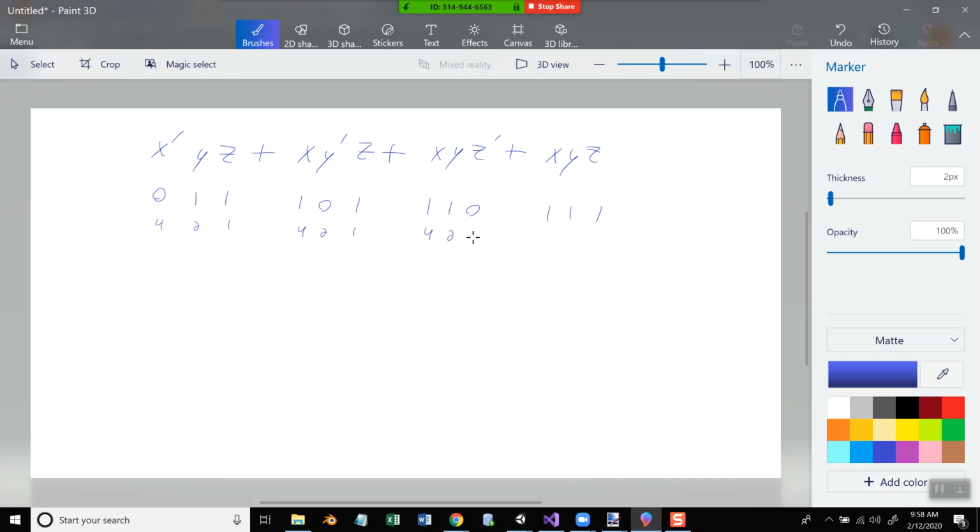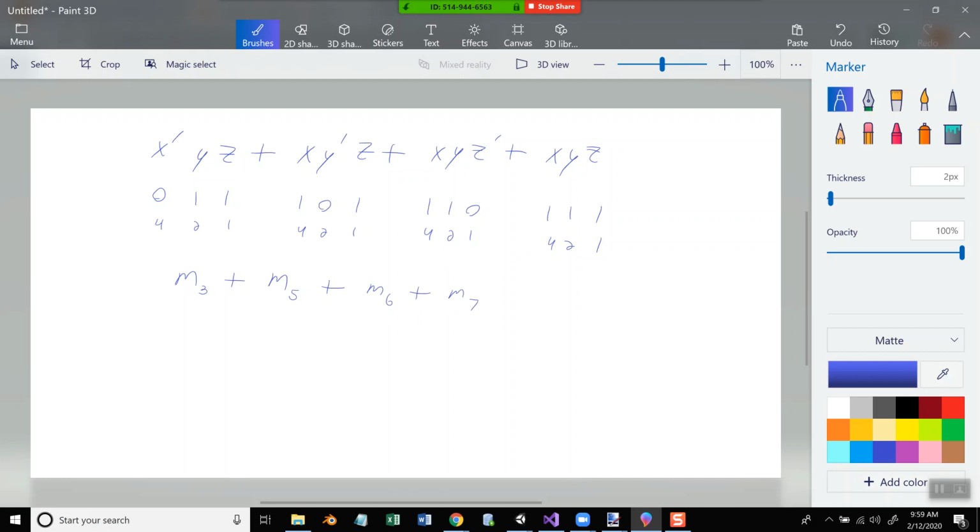These are the powers of 2, just to make it a little easier. Okay, so 1 times 2 is 2, 1 times 1 is 1, 2 plus 1 is 3, so that's m sub 3. 1 times 4 is 4, 1 times 1 is 1, so that's 5, m sub 5. 1 times 4 is 4, 1 times 2 is 2, so that's 6. And this one's 7.